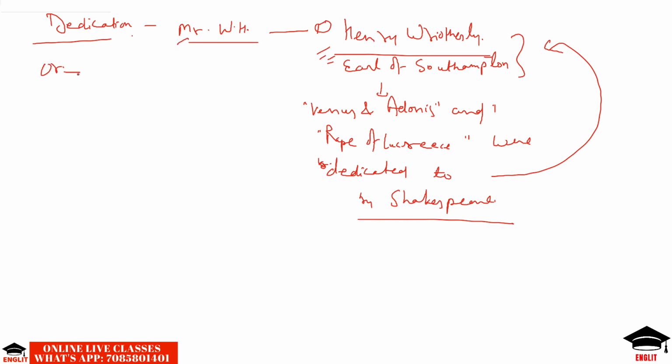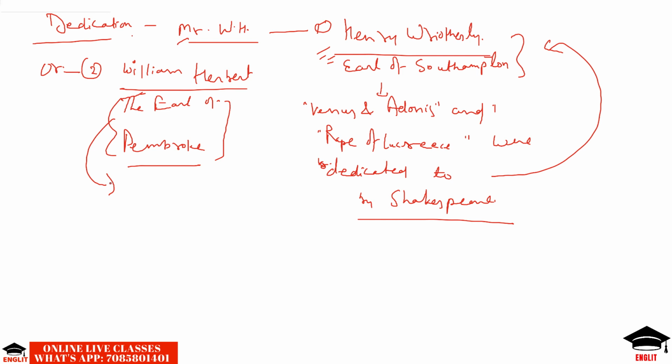Or it can be William Herbert. The second assumption is that the sonnets were dedicated to William Herbert, the Earl of Pembroke. The Earl of Pembroke was among those to whom the First Folio was dedicated in 1623.